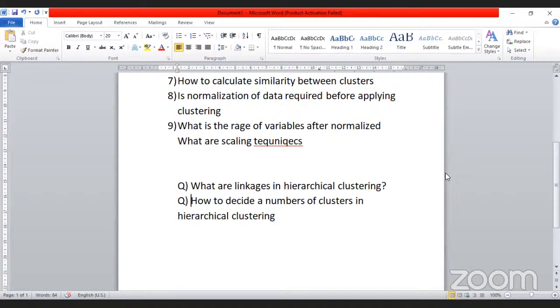We have to see the longest horizontal line on the dendrogram that is not cut, and after cutting that line, how many clusters are formed. This is one way to decide the number of clusters in hierarchical clustering.